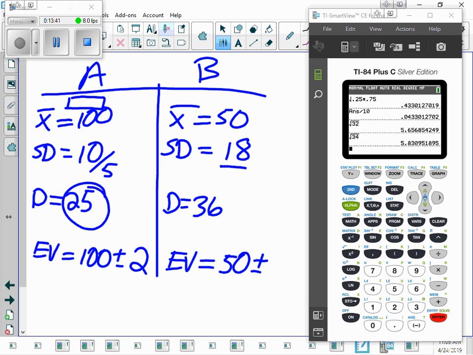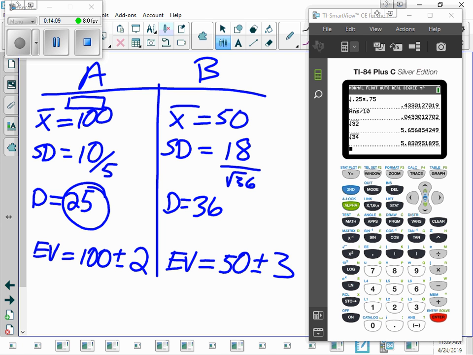It's 18 divided by the square root of 36, which is 6. And 18 divided by 6 is 3. Now, what if I make more draws? What happens to my SE? So the more draws I make, my standard error gets smaller.